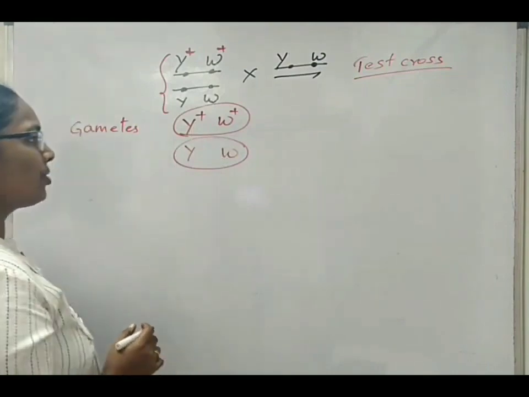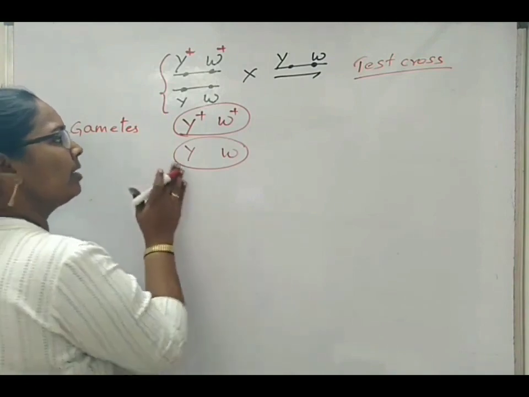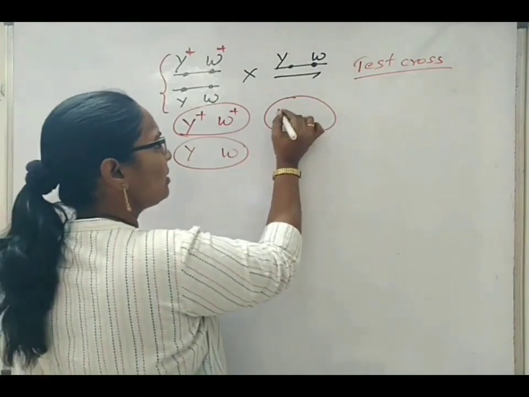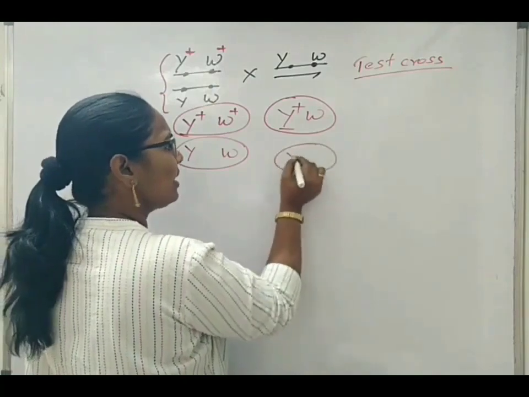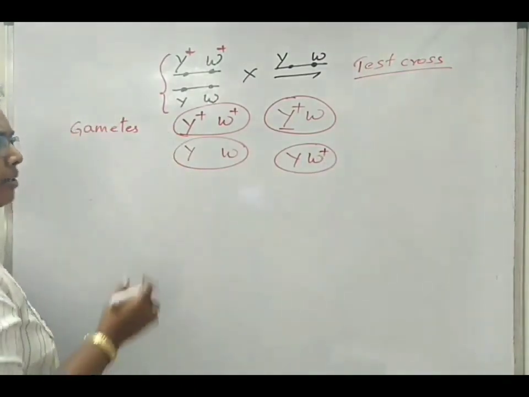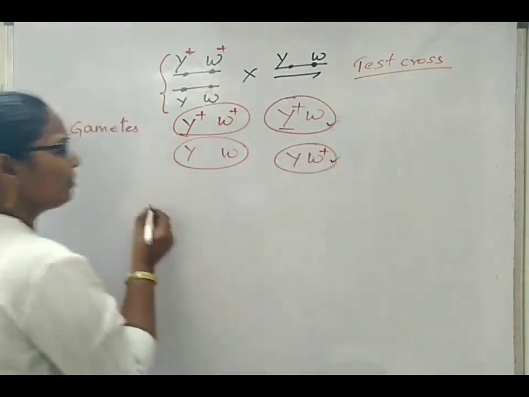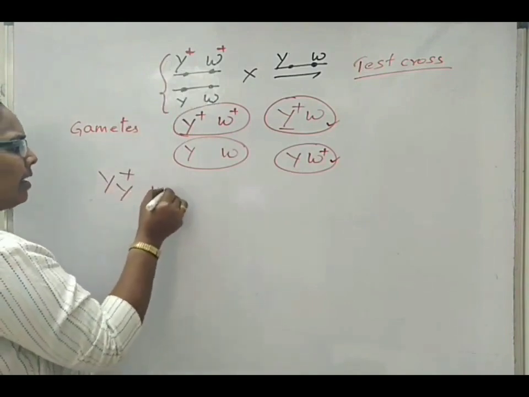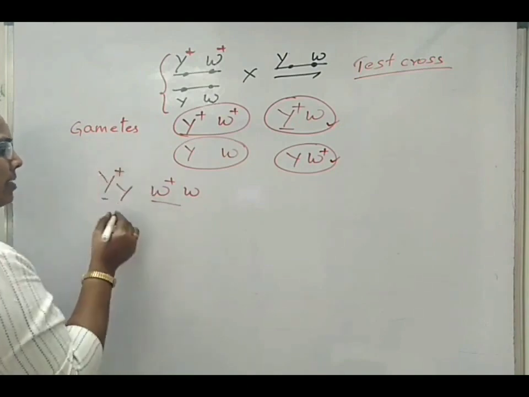But what happened in the case of Drosophila is that when the parental combinations gave rise to gametes, they also gave two other types of allele combinations in the gametes like this. One dominant and one recessive. This is a heterozygous type of combination we can call, but that is quite different from the normal heterozygous type. If we see how these have been obtained, we can also write this type of allele combination as Y plus, Y and W plus, W. That means dominant and recessive we can express like this.